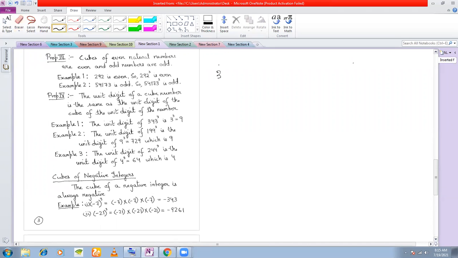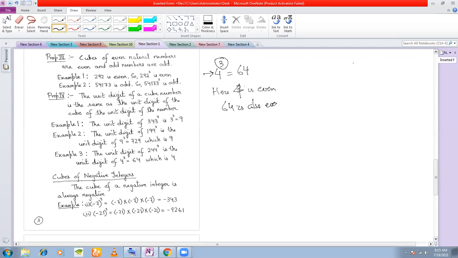For example, let's take 4 cube. 4 is even, so an even number has been cubed, and you get 64, which is also even.